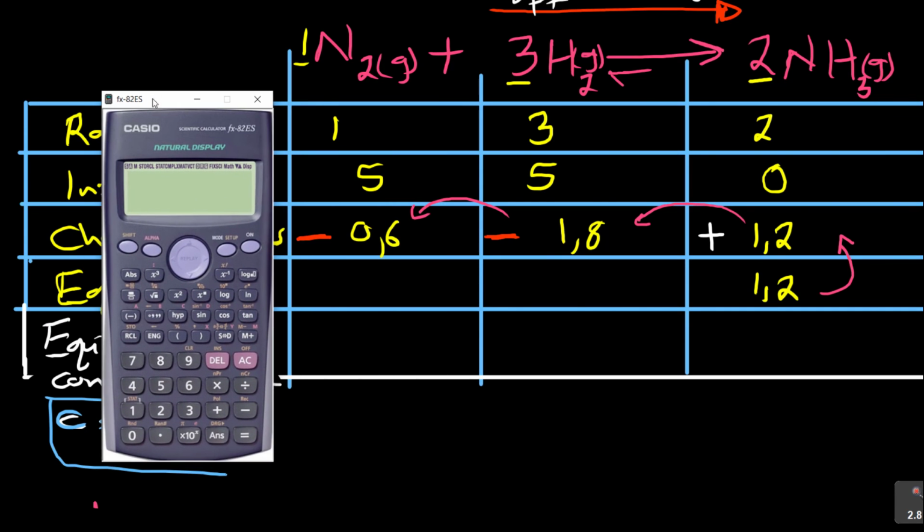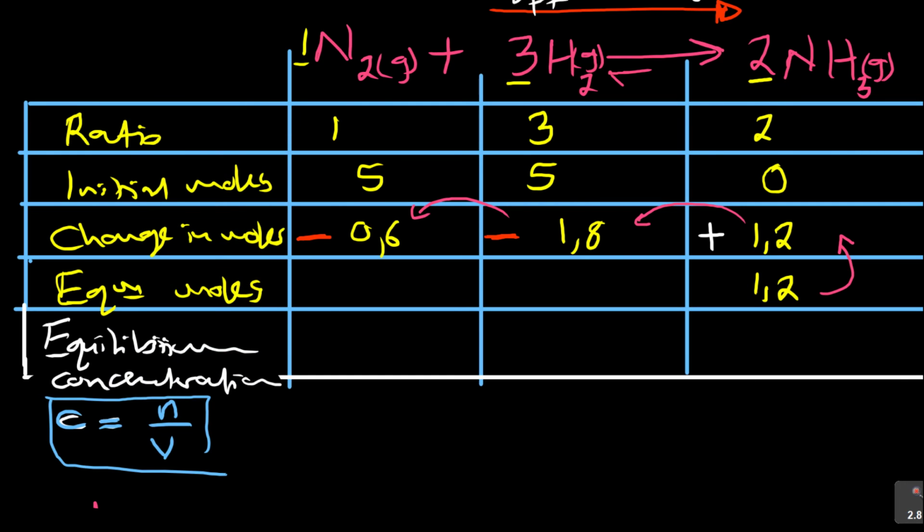With the calculator, 5 minus 0.6 gives 4.4. And the other one, 5 minus 1.8, gives me 3.2. So here it's 4.4. Here is 3.2. Are you with me?